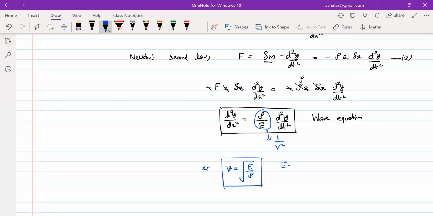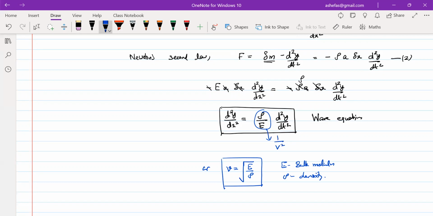Again, E is the bulk modulus and rho is the density. So the expression for a longitudinal wave in a gas is similar to the expression for a longitudinal wave in a rod. The only difference is that instead of Young's modulus, we have the bulk modulus.